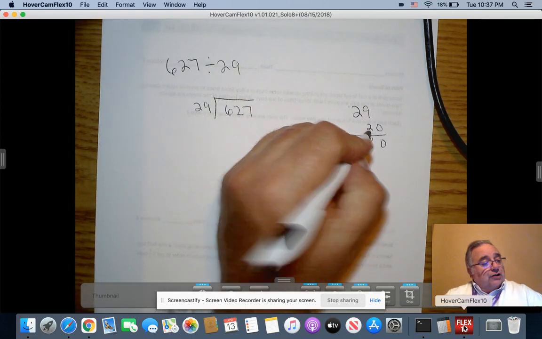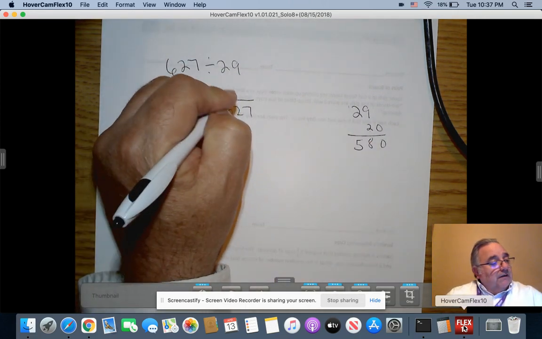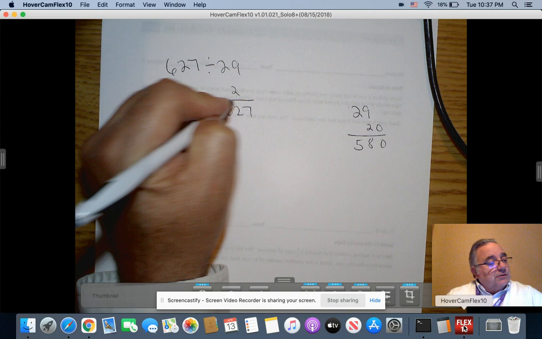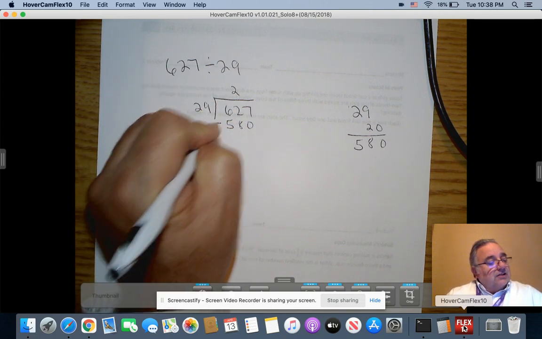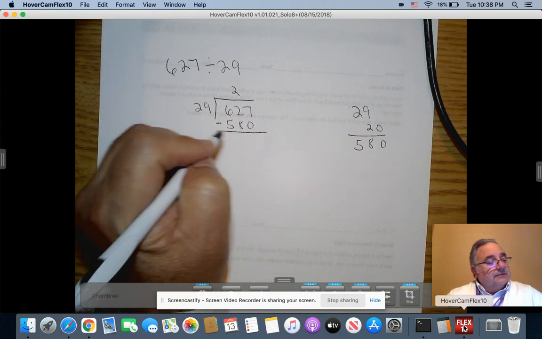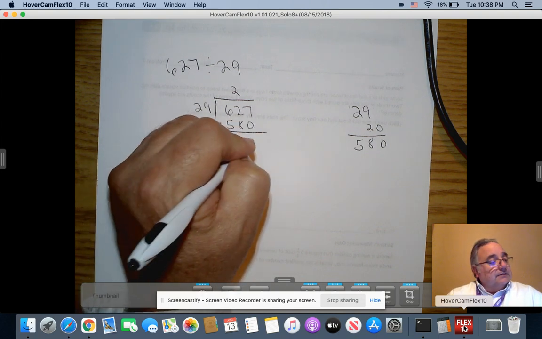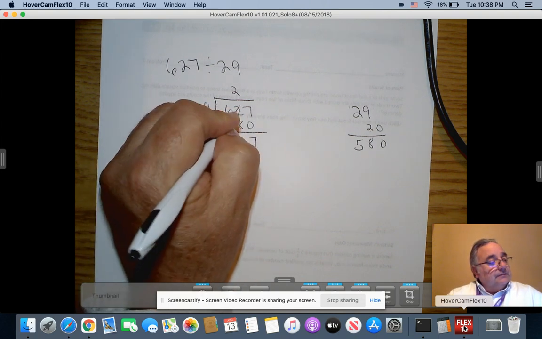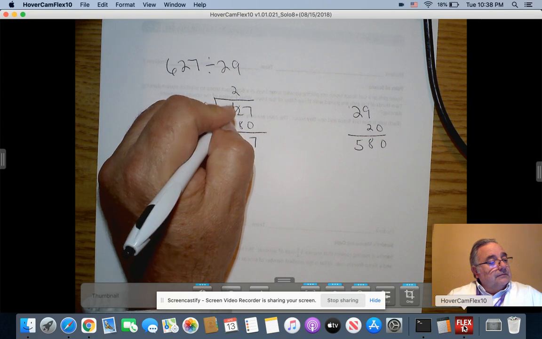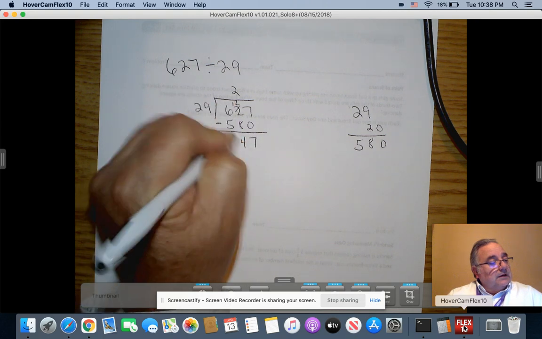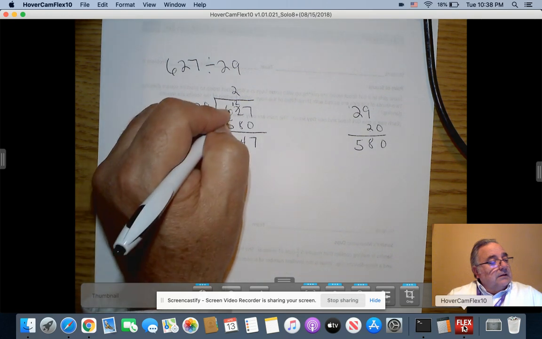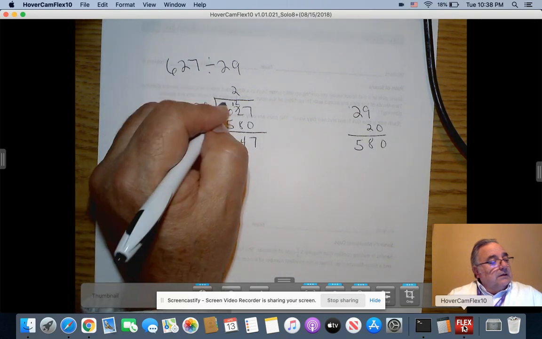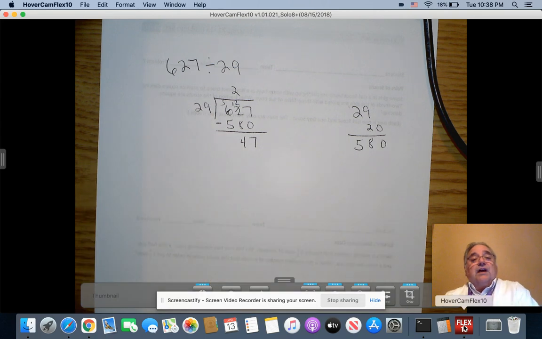So I'm going to put the 2 above the 20 or the tens mark. I'm going to take 580 and I'm going to subtract that. And that gives me 47.